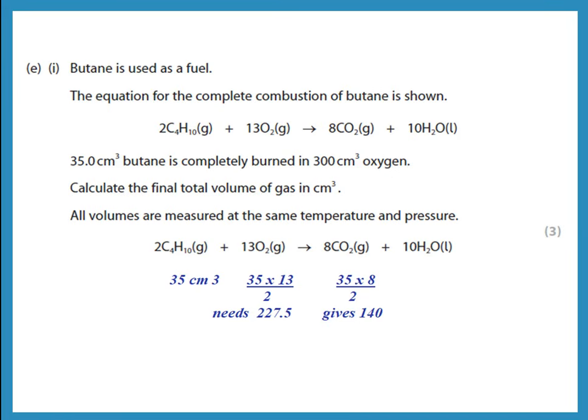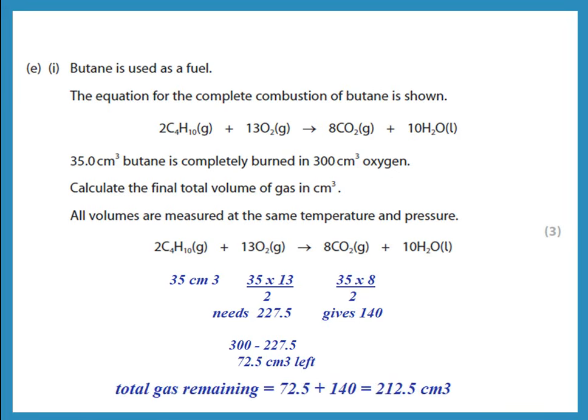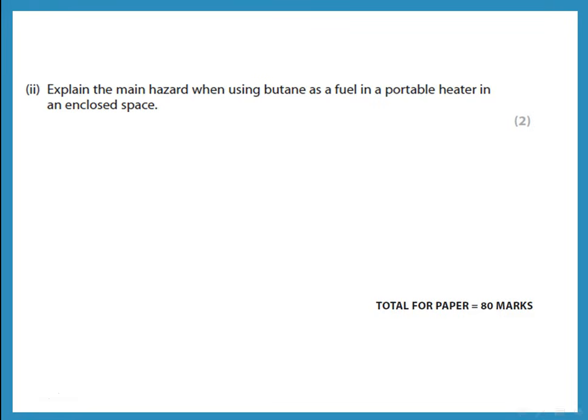I need only 227.5, and that means I have 72.5 centimeter cubed of oxygen left. And that means overall, the total amount of gas that is formed at the end of the reaction is the remaining oxygen that was not used, so the 72.5, plus the 140 of CO2 that was produced in the reaction. So this is the total volume of gas that is produced.